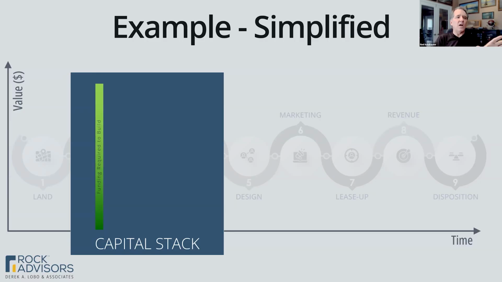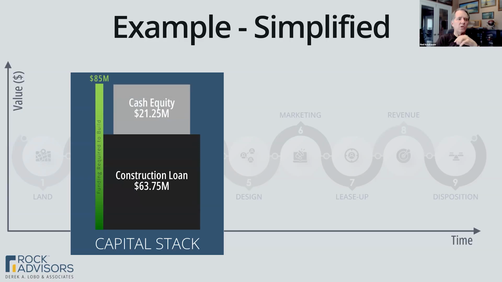Okay. So let's take our capital stack. So in this example, I'm going to say we have an $85 million anticipated expense at the time of construction, and we're going to have a capital stack with a construction loan of almost 64 million. And I'm going to simplify the equity into one chunk, and we're going to put 21.25 million. And just again, simplify.